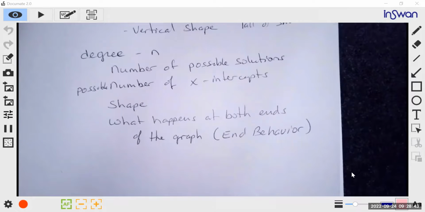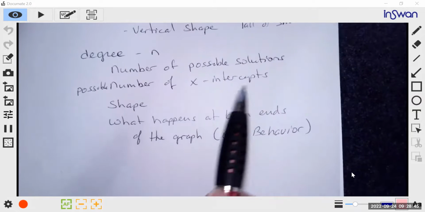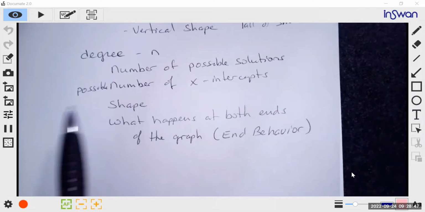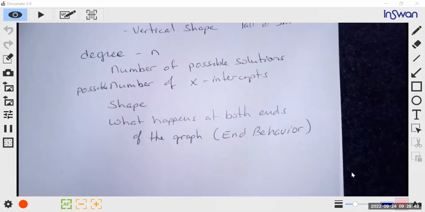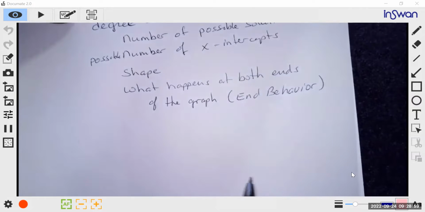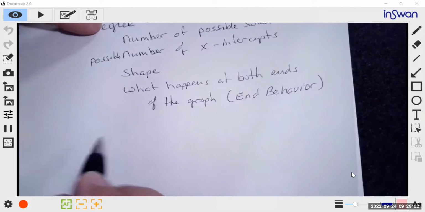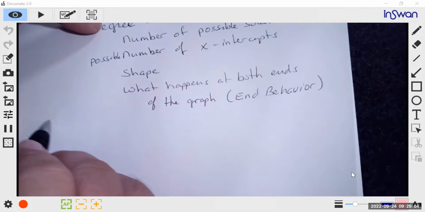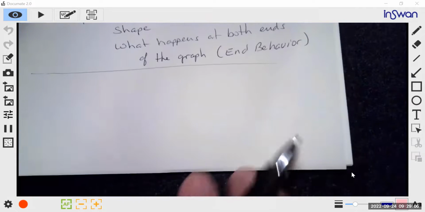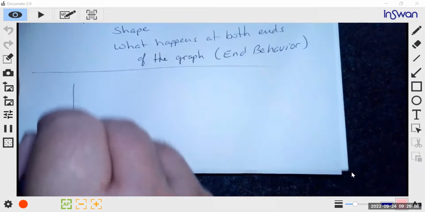The degree n, number of possible solutions, possible number of x-intercepts, the shape of the curve, and what happens at both ends, it can all be narrowed down into this little picture right here.